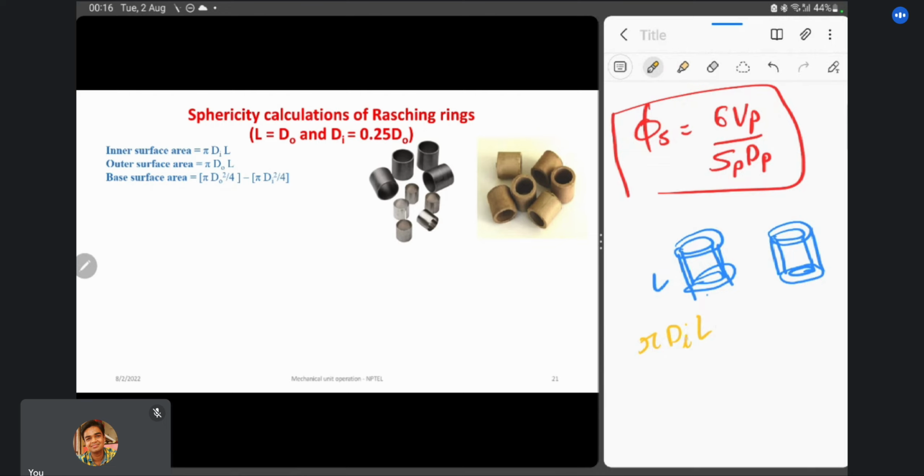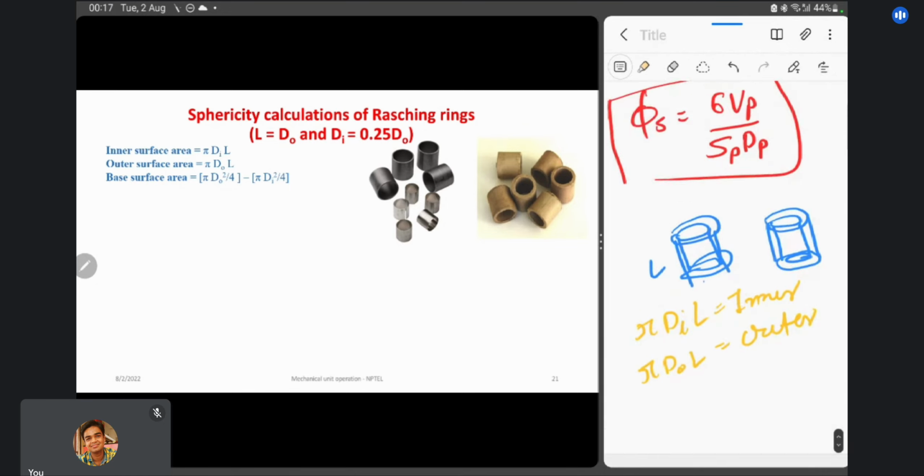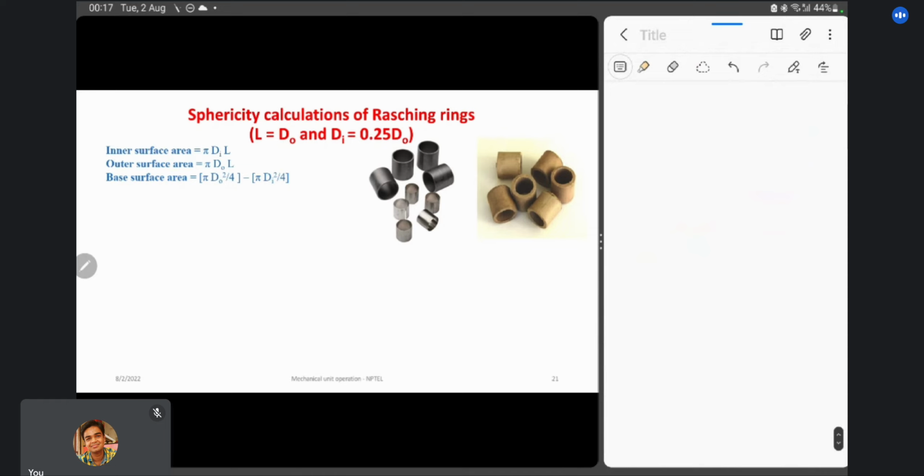So for the inner we use pi di L. For the outer we use pi do L, and our base surface area, which is only the material part of it, the metal part. So the base is circular in shape, so pi do square by 4 minus pi di square by 4. So this is how the base surface area is calculated.